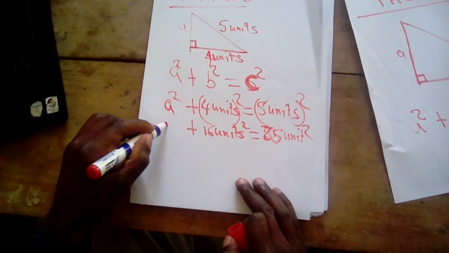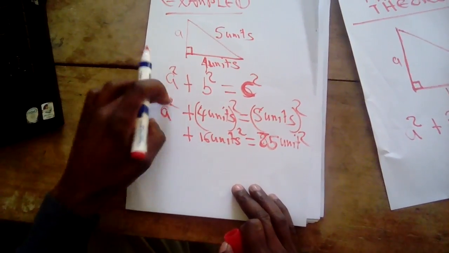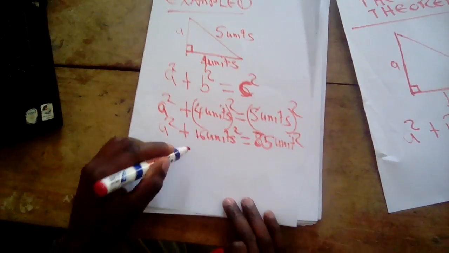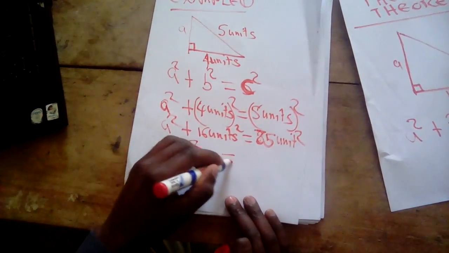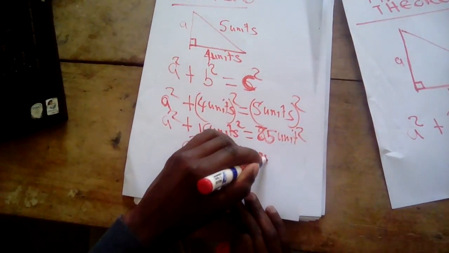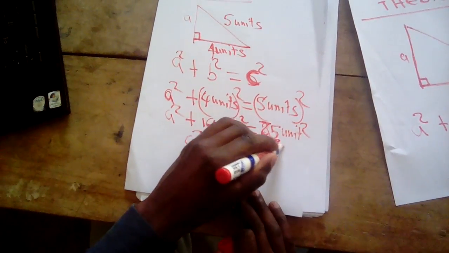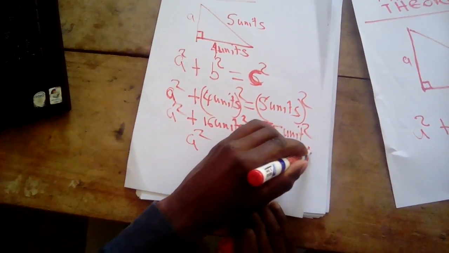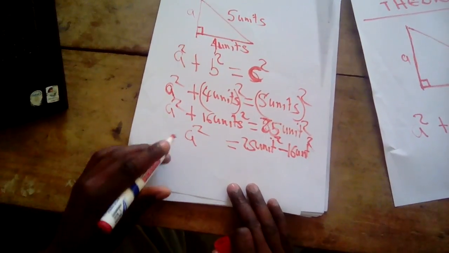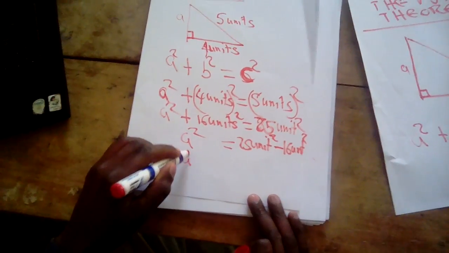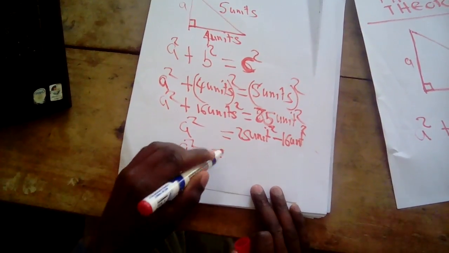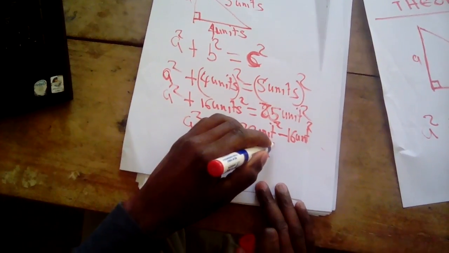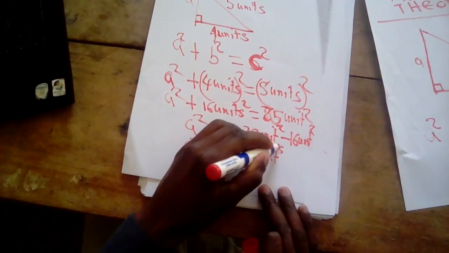Taking the 16 to the right, it is going to be 25 units square minus 16 units square, and you are going to have A square equals 9 units square.